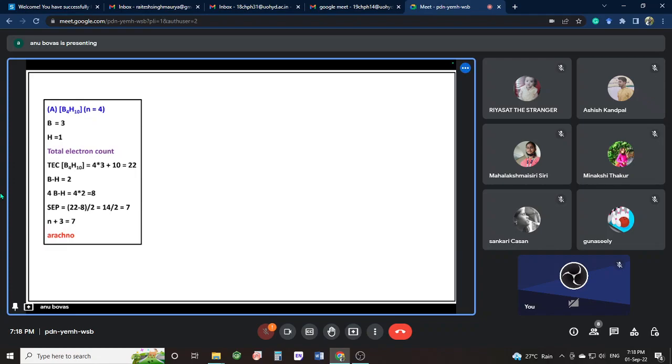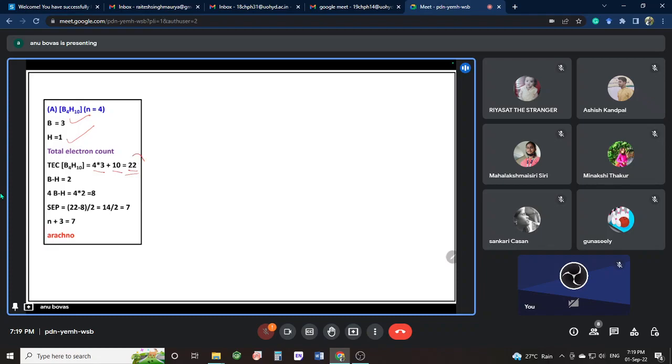The first one is B4H10. B has 3 valence electrons, H has 1 valence electron. Therefore, the total electron count on B4H10: 4 boron atoms, so 4 into 3 plus 10 hydrogen, plus 10, equals 22.